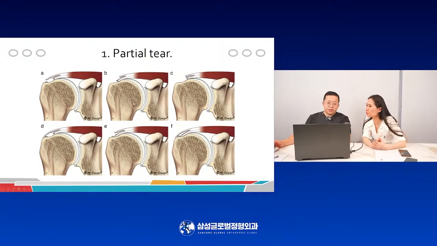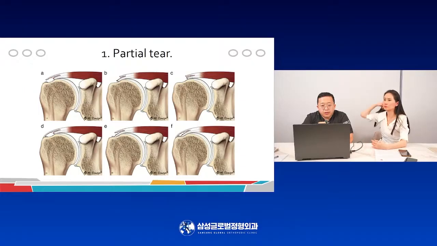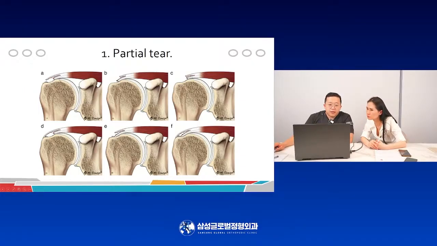So many doctors study the tear state with MRI. So we divide the tear into a lot of patterns. The first is the not full thickness tear. That means, as you see, the tendon is connected, not in a fully retracted state, right? This is connected to the humerus.